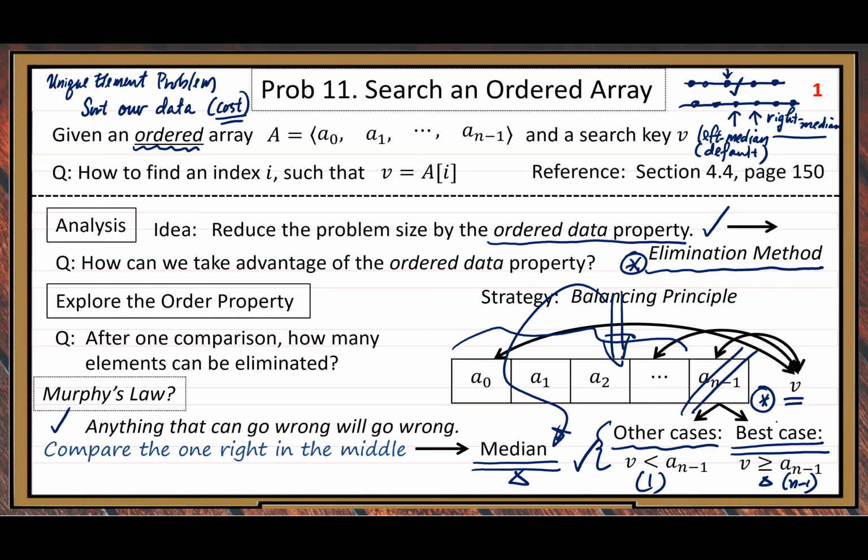So if we follow this balancing principle, that is, whenever we have a chance to distribute our data, we choose the most balanced way to distribute our data, then most likely you will get the best solution.